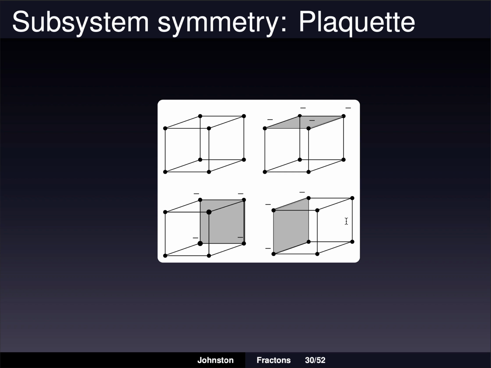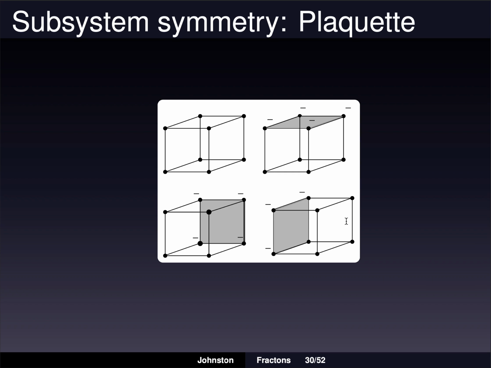On a system of size L cubed, there will be 2 to the 3L possible ground states. You can flip any of the L planes of spins in the 3 directions from a state where all of the spins are, say, in the plus direction, and that'll still be a ground state of the system.